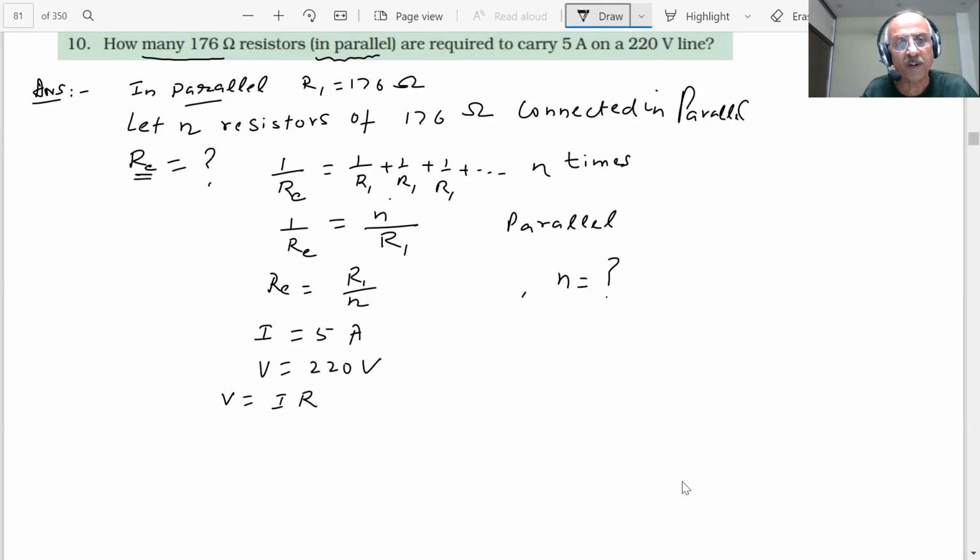What is V, student? 220 volt. I is 5 ampere. And what is the value of R here? I will use R effective, student, R1 by n. What is R1? 5 ampere into 176 ohms divided by n. Then what is the value of n coming, students?